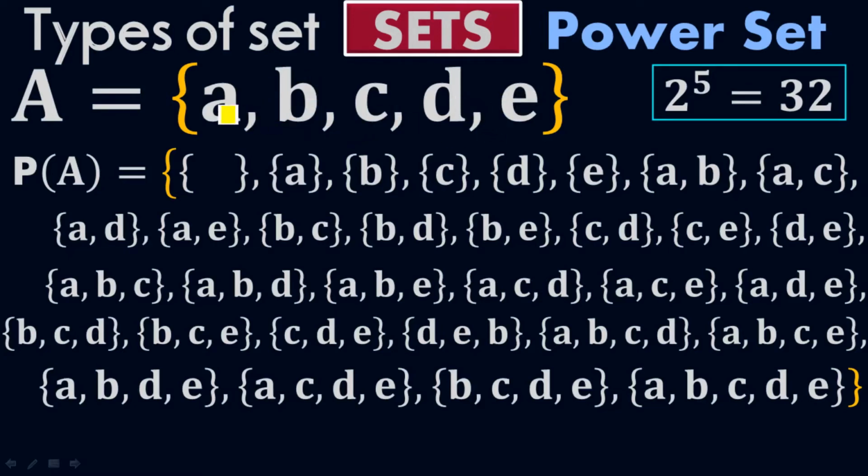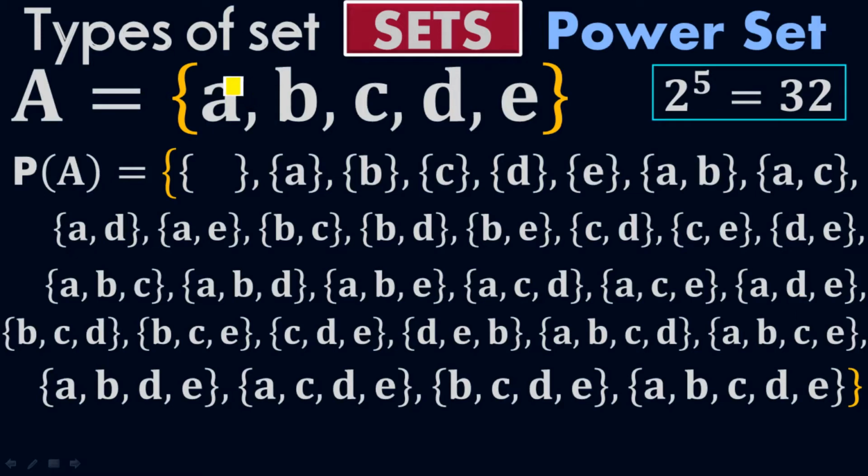Don't go in reverse; go forward, like A comma C comma D, and then A comma C comma E. We took AC with D and then AC with E. Now we have done with B and C. Now we take AD. Suppose AD is my single element. So we take E with AD: A comma D comma E.